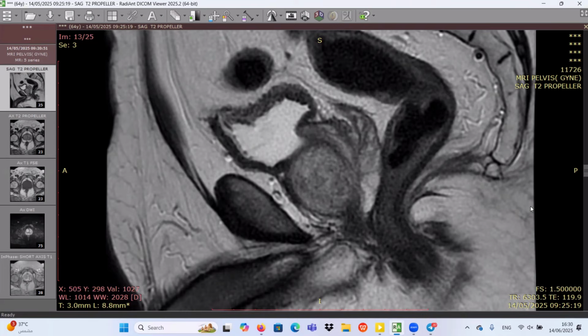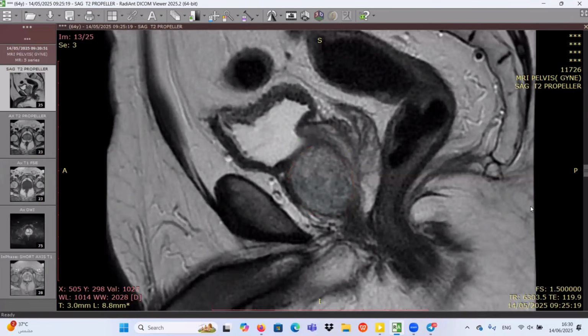As you see here, the transitional zone becomes the predominant enlarged zone, as you see in our case, while the central zone is mildly hypertrophied, and the prostatic urethra is pushed posteriorly. This type is called the transitional type or lateral type of benign prostatic hyperplasia.